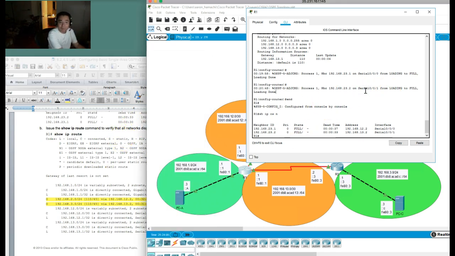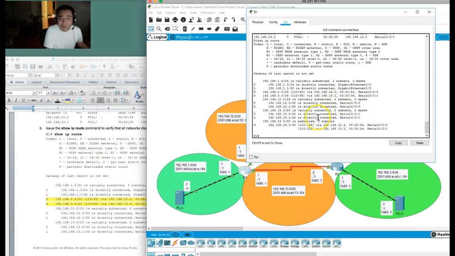So now we can do show IP route, and we're going to notice some OSPF routes. See O right here corresponds to OSPF up here. Okay?